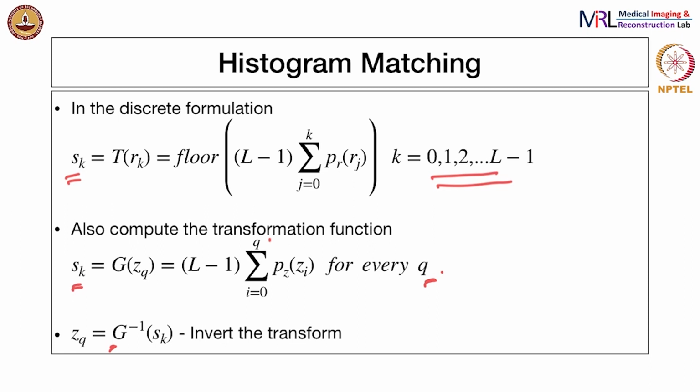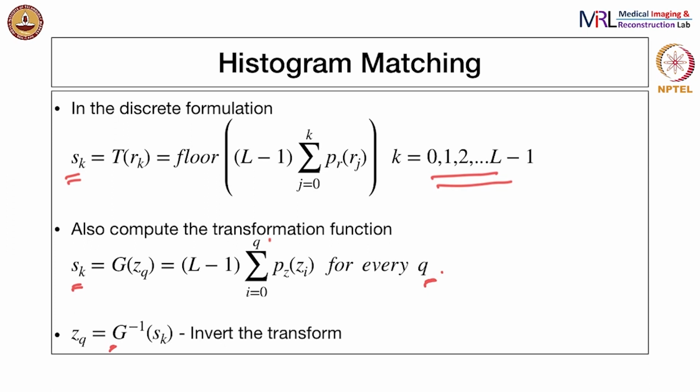Okay, so there is no need to calculate this so-called inverse, because when we deal with these intensity levels, either Q or L minus 1 intensity levels, they are discrete and they are integers. Okay.